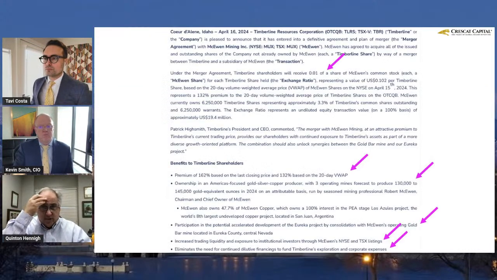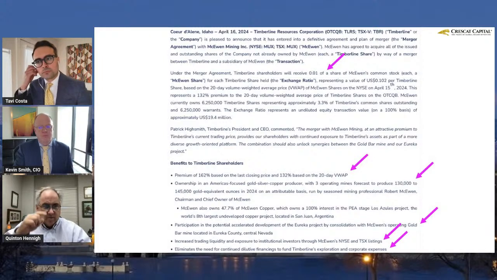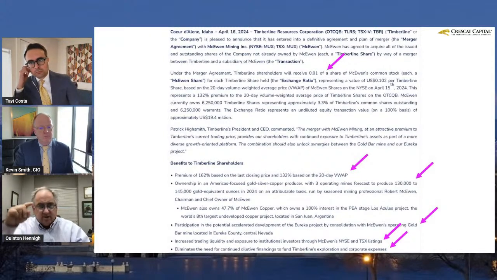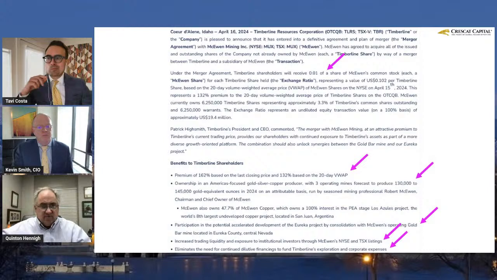There are just a few points that I would make about this. One of the smart moves that Timberline made is they fixed the transaction value to a portion of shares of McEwen, so 0.01 of a share of McEwen Mining. That way, if McEwen Mining goes up or down, Timberline will follow.